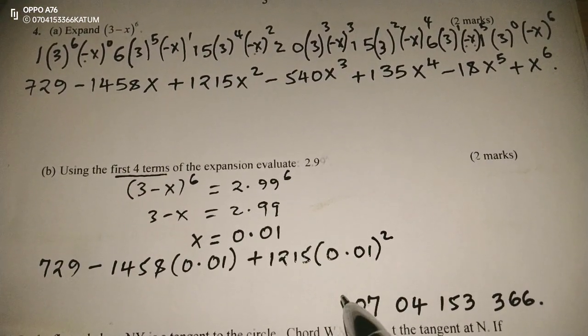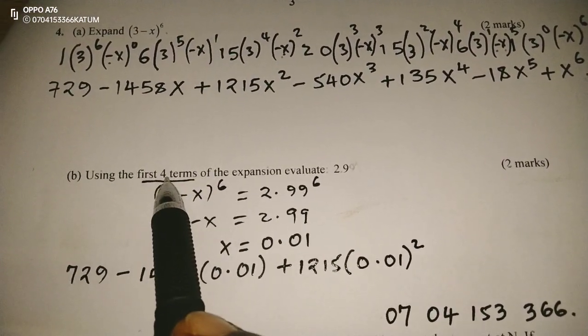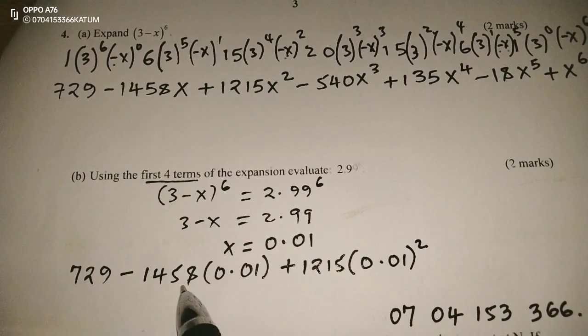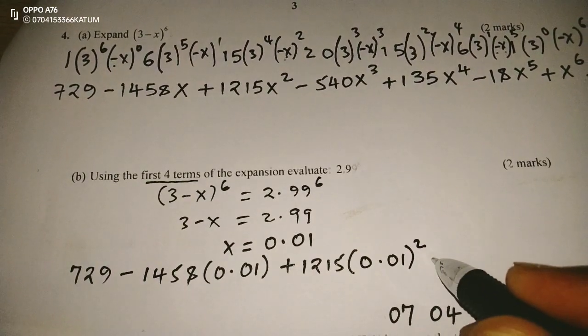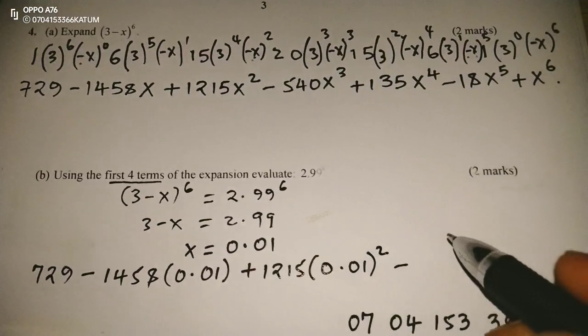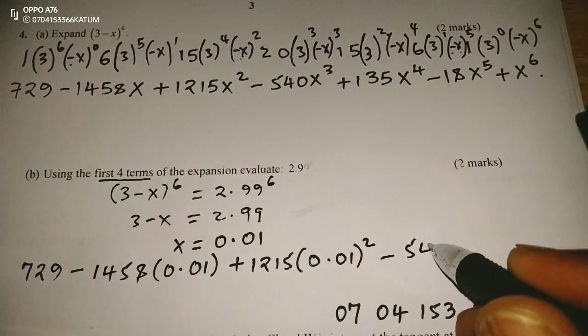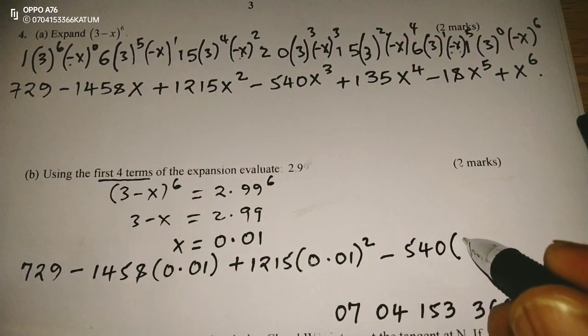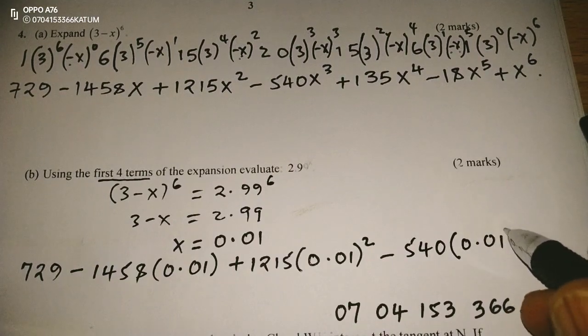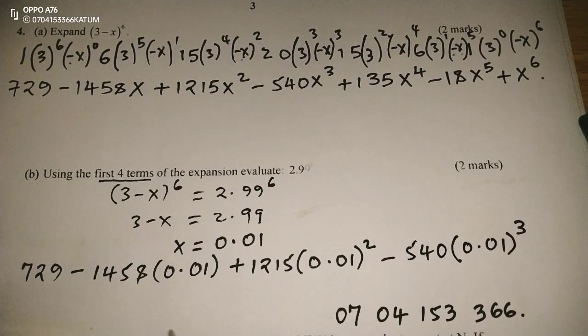Then the 4th term, because we are using up to the 4th term, this is 1, 2, 3. Now the last term, we'll have minus 540 into 0.01 cubed.